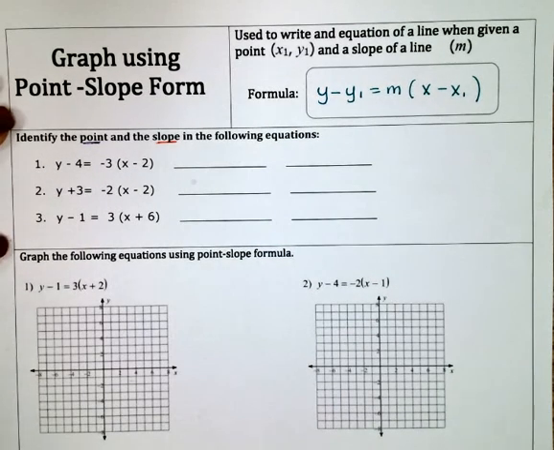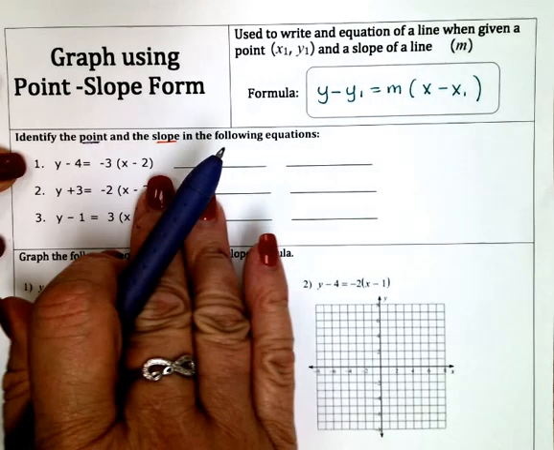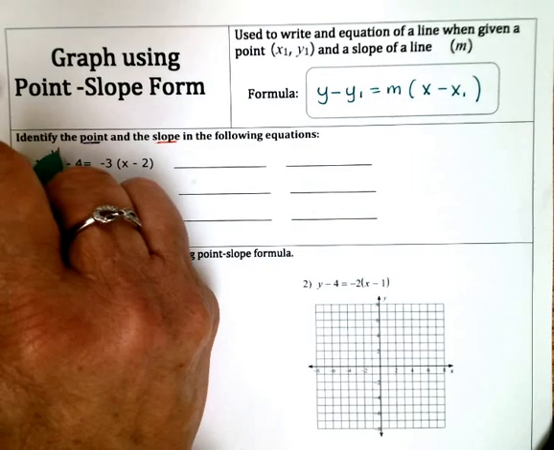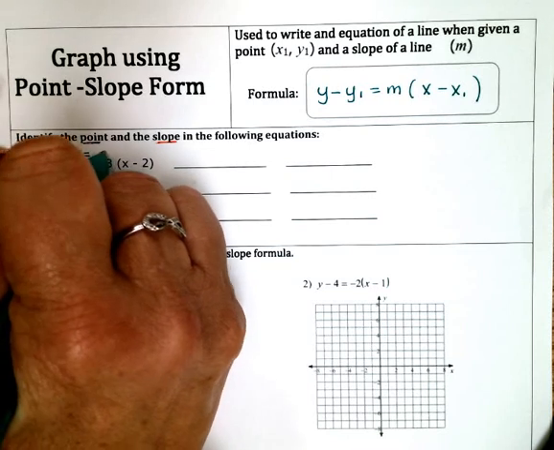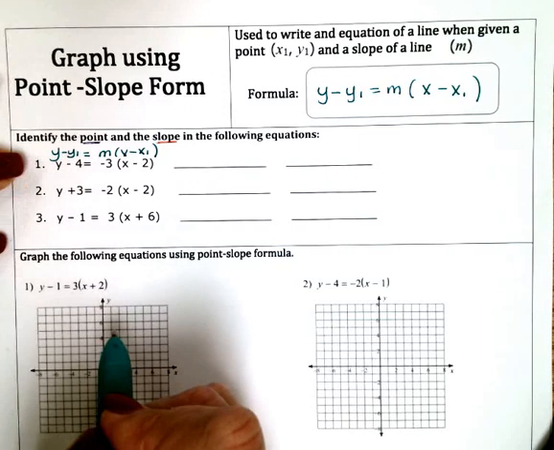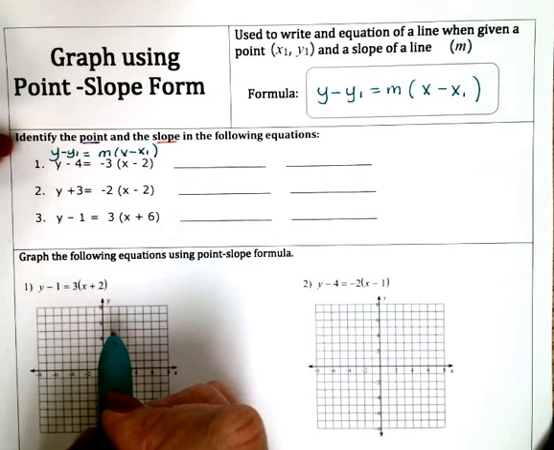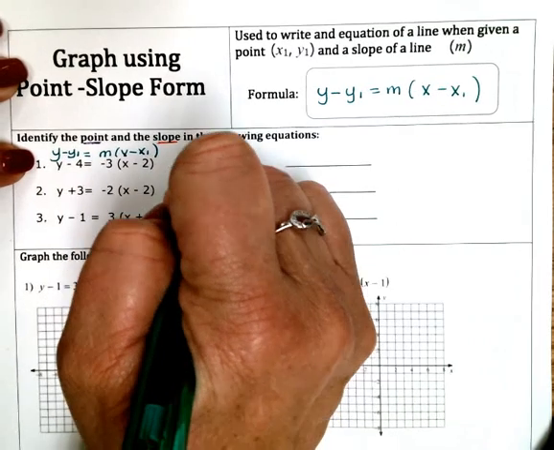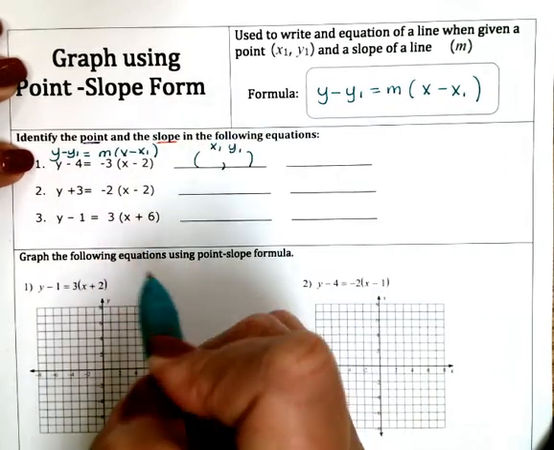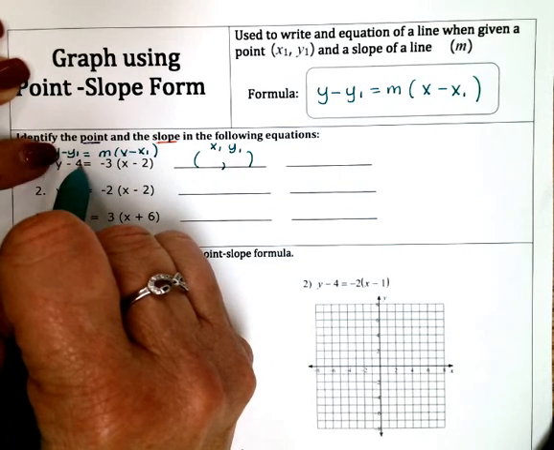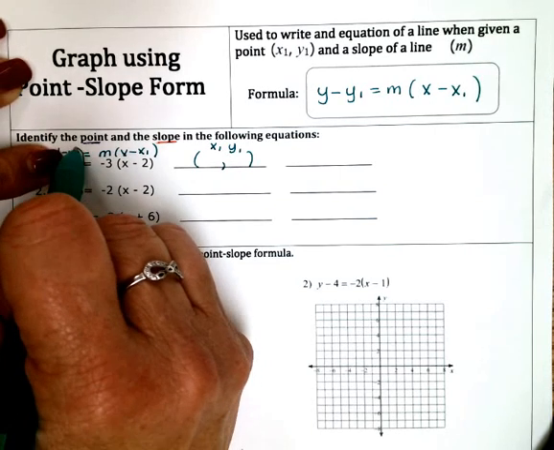So first, in this equation, remember, we know that y minus y1 equals my slope times x minus x1. So in my equation, it's already set up. It's y minus y1, so my y1 is just the 4.